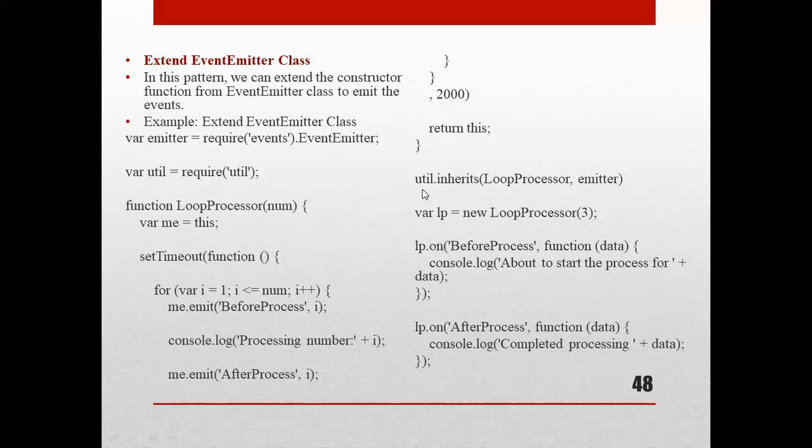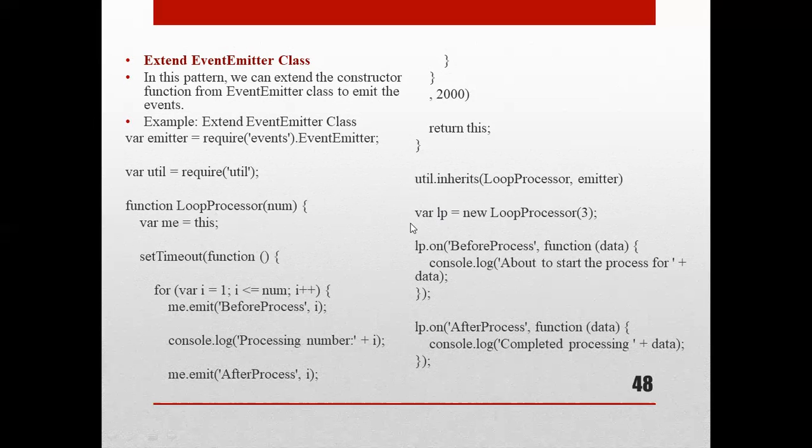And here you can see util.inherits. What are we going to inherit or extend here? We are going to extend the loopProcessor function, loopProcessor comma EventEmitter. We are going to extend the loopProcessor methods and variables by using util.inherits. So by using this method we can inherit the events and emitters from the loopProcessor function.